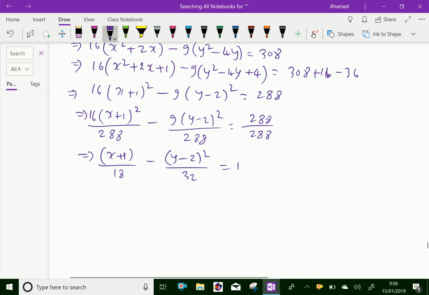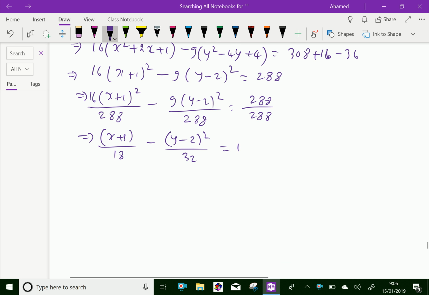From this equation we can understand the given equation is a hyperbola. Therefore the given equation is a hyperbola.